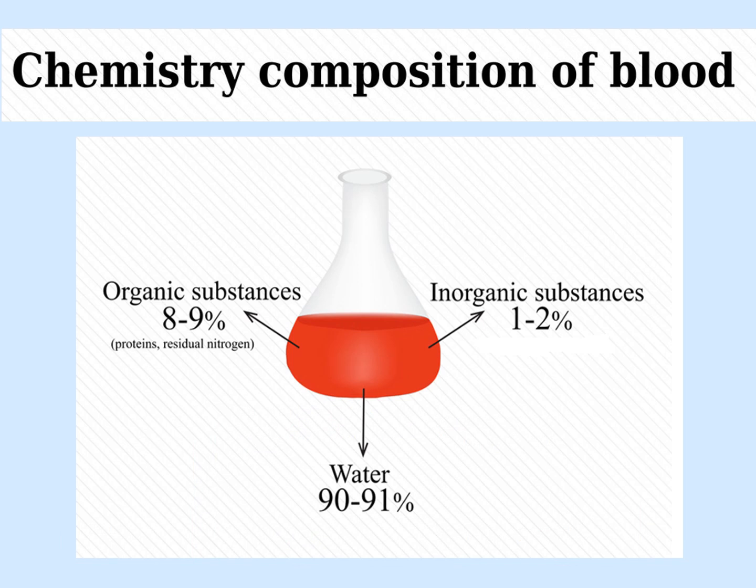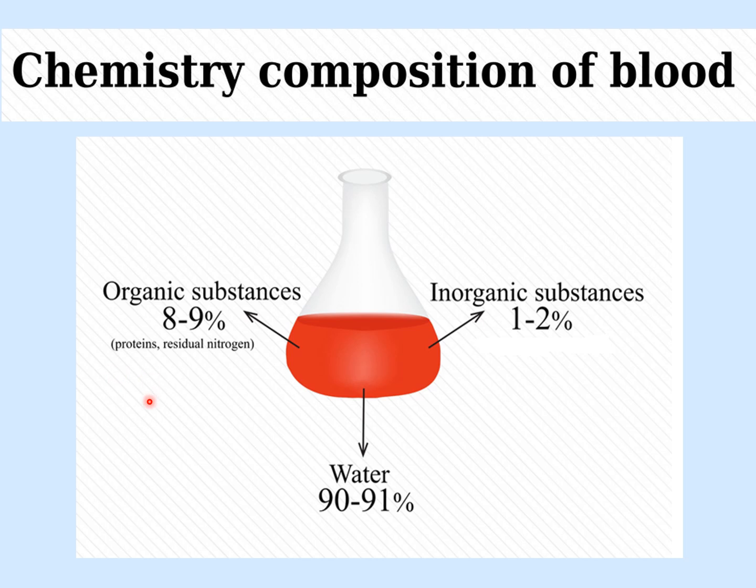What about the chemical composition of blood? First of all, you should know all chemical compounds present in blood can be divided into some groups. First of all, we can name organic substances and inorganic substances. Organic substances can be divided into two subgroups too. The first group is proteins.